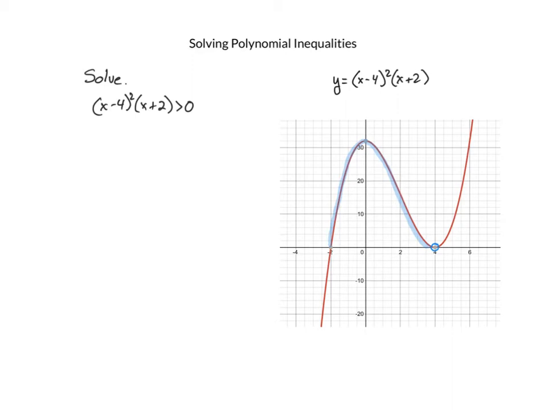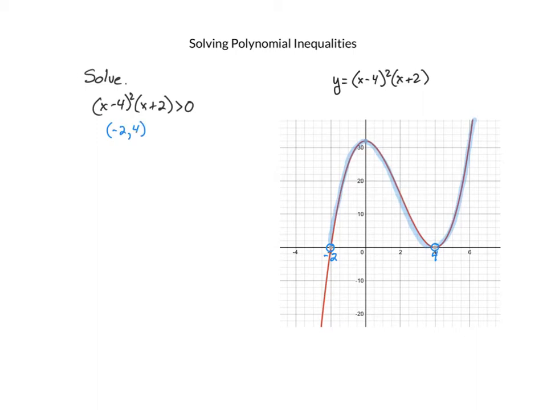But to the right of 4, again, it is above the x-axis and hence the y values are positive. So our solution to this inequality would be the real numbers between -2 and 4. Let me put an open circle right here at -2 to remind us it is not included in the same way 4 is not. So -2 to 4.